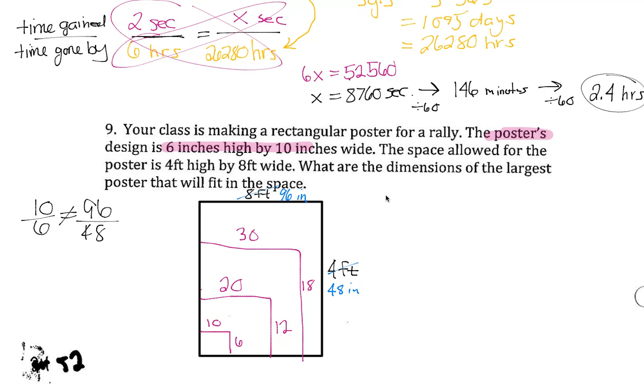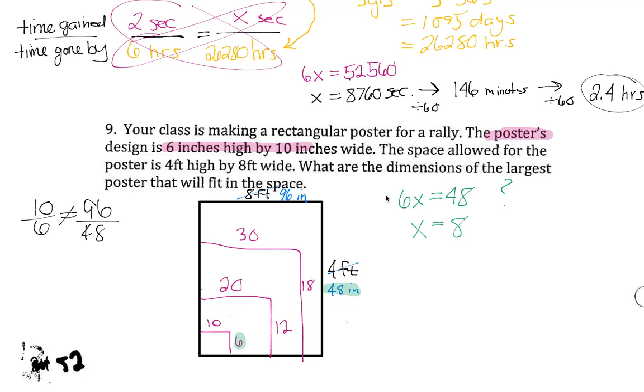So how many times bigger does this poster have to get before this 6 turns into 48? So what we're asking is, 6 times what scale factor makes it 48? And that answer is going to be 8.